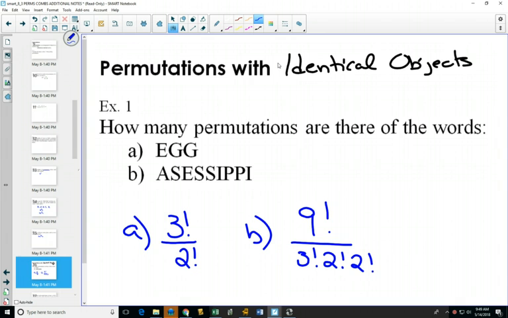So when we have identical objects, there are permutations that are the same, because when you rearrange this, if I switch the s's, it actually doesn't change the word. And so we divide to counteract those identical objects being counted more than once.